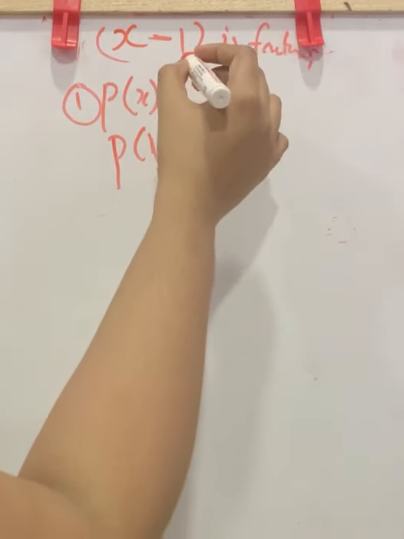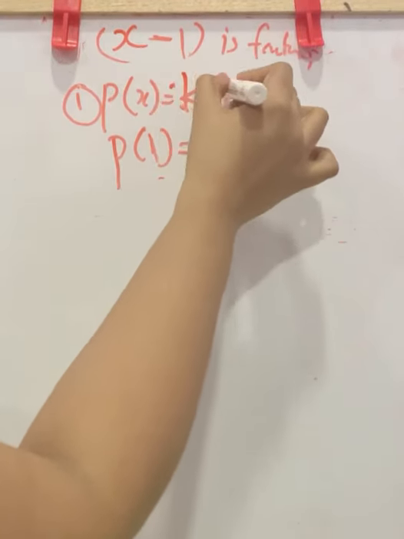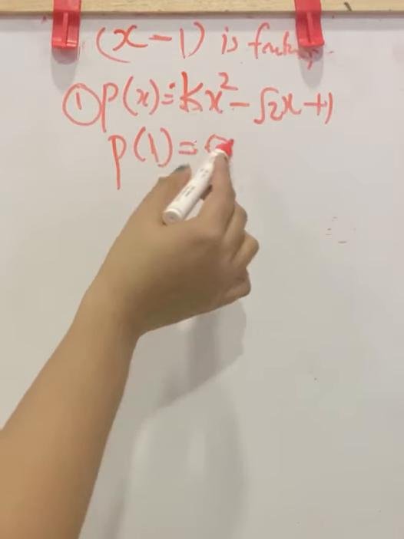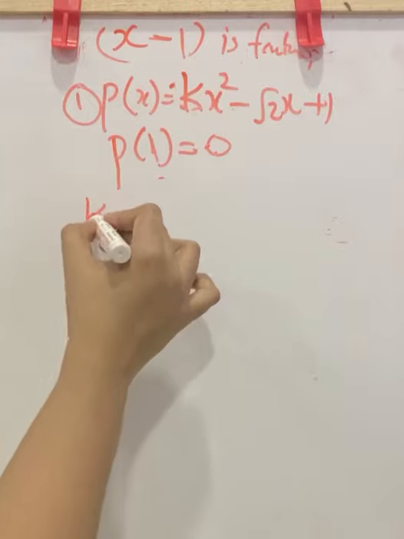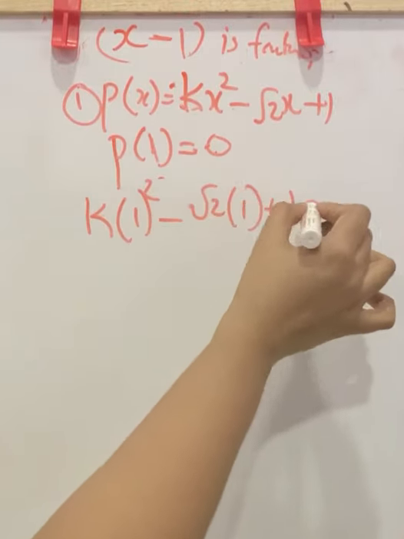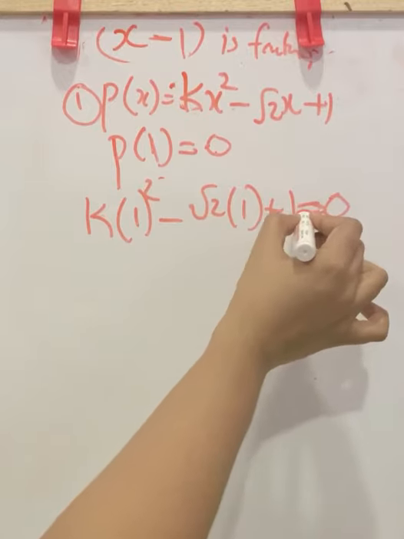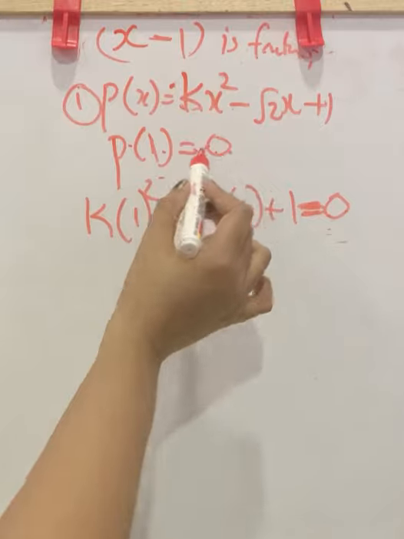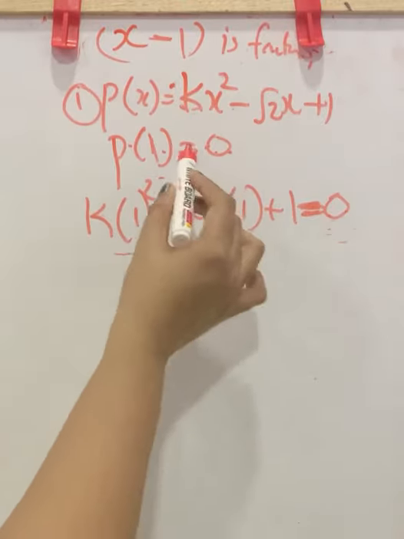Next, P of x is equal to kx square minus root 2x plus 1. Here P of 1 equal to 0. So this becomes k 1 square minus root 2 into 1 plus 1 equal to 0. Don't forget to write it as equal to 0. Here it is P of 1 equal to 0. This is P of 1 here and equal to 0.